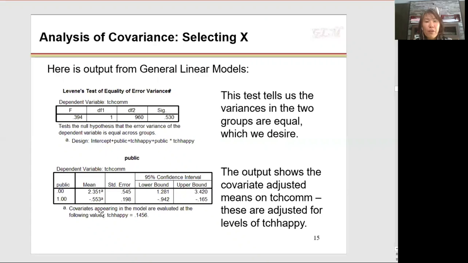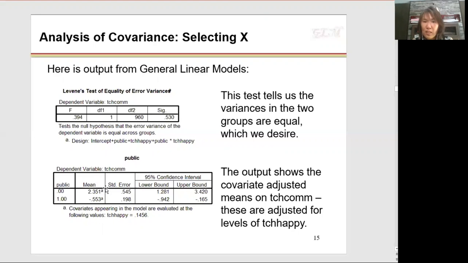Covariates appearing in the model are evaluated at the following values. Teacher happiness covariate mean is 0.1456. When you fix this covariate, teacher happiness, at this mean, you compare the group means for Y. So here group 0 is private school, group 1 is public school. And then with this covariate mean, you have this adjusted mean for Y.